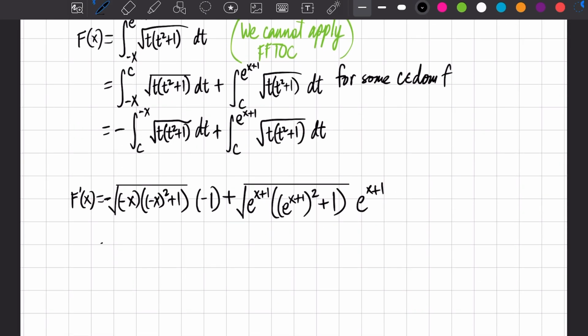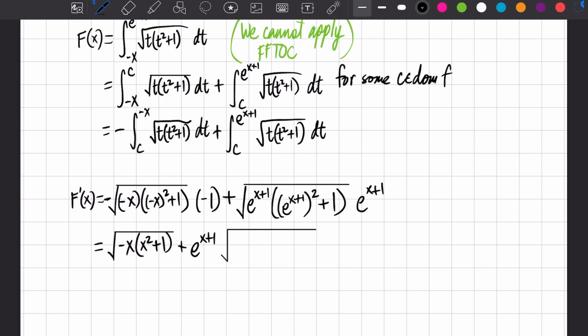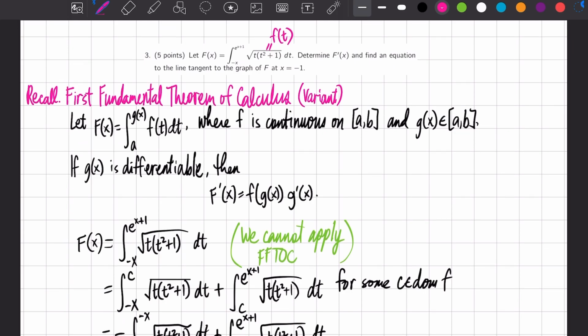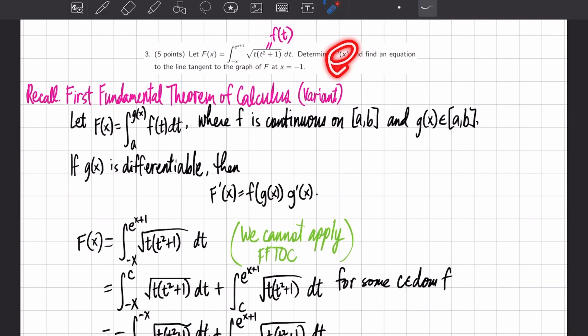Or simplifying further, we have the square root of negative x times x squared plus 1, plus e raised to x plus 1 times the square root of e raised to x plus 1 times e raised to x plus 1 squared plus 1. So we're done looking for f prime of x.